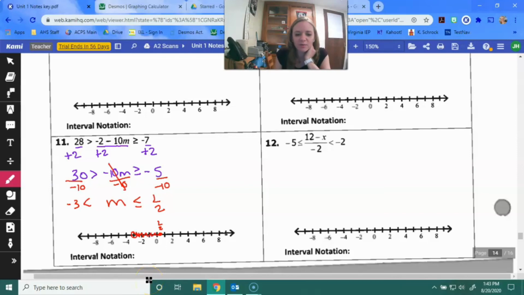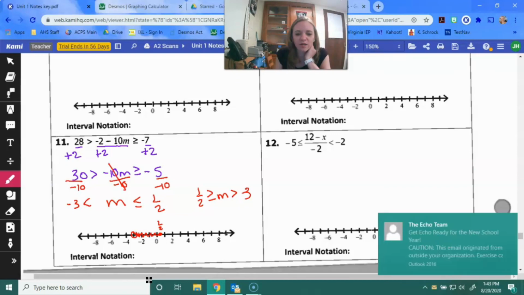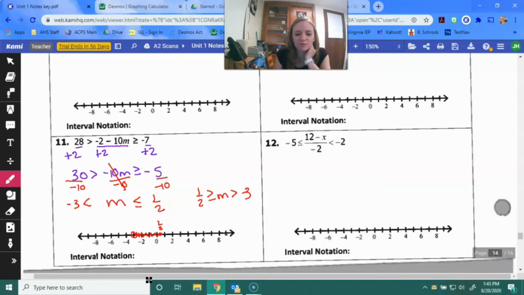So what I'm contrasting this with is if all my signs are the other way, I just have to switch everything around. But this is still the same thing as this. In that case you wouldn't want to write it out backwards, out of order. So if all your signs are less than, it's just a little bit easier to graph it.